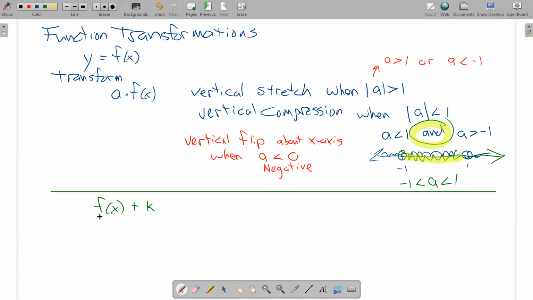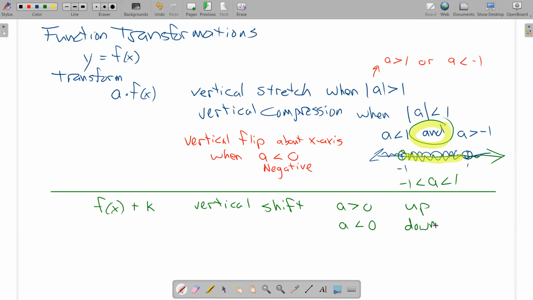So earlier I looked at, for example, the sine of x plus 1. That right there is a vertical shift. And that one's pretty straightforward. If A is a positive number greater than 0, then that's a shift up. And if A happened to be a negative number less than 0, that's going to be a shift down.